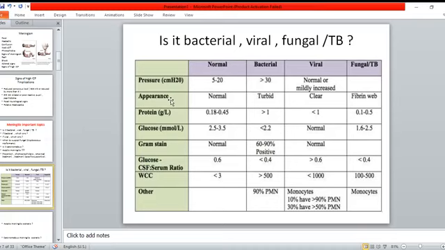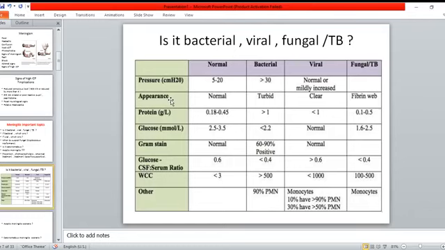Of course, in viral infection the CSF appearance will be clear, and it will be turbid in bacterial infections. Regarding the protein, glucose, and cells, because these are the common three parameters, you will reach the diagnosis based on these three parameters.